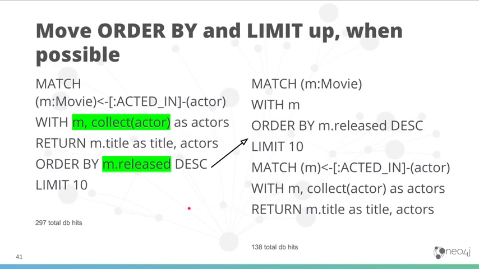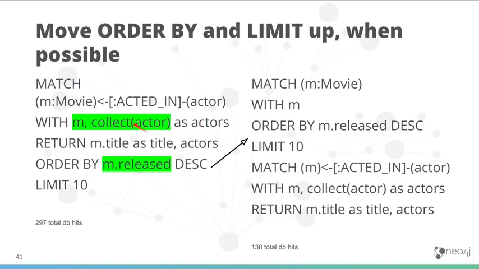There are times that we can move order by and limit operations up in the query. Many Cypher users who come from SQL tend to like to use limits in the return, but if you can move it up to where it makes sense as early in the query as possible, you can actually see some very nice improvements.